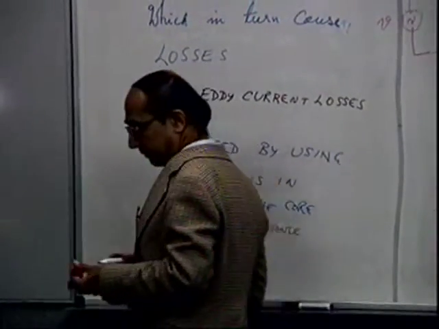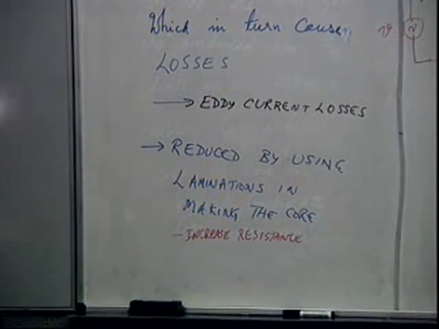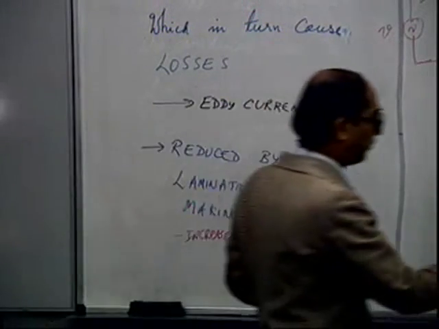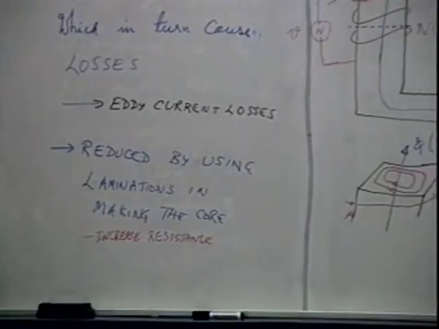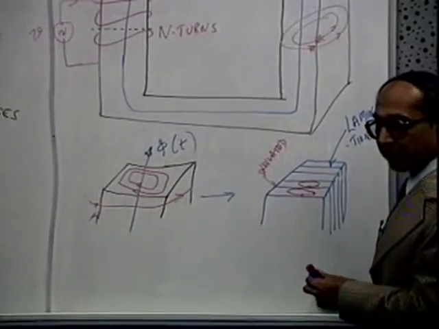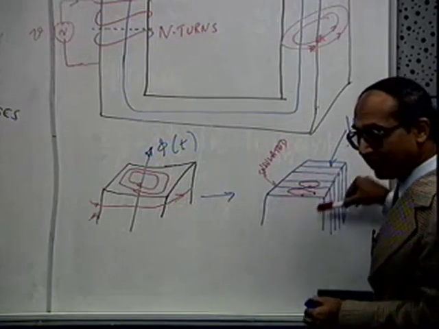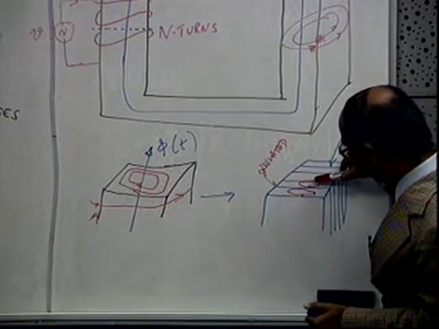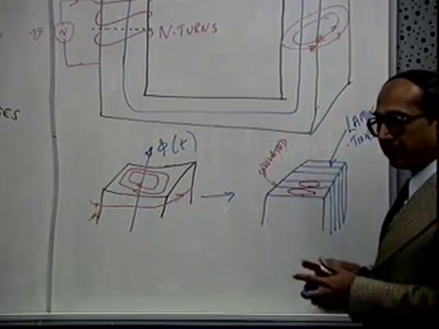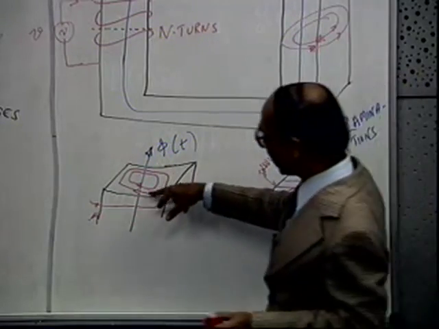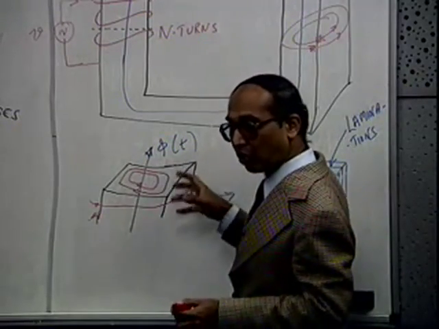Sir, how are we increasing the length of the path, sir? Because after all, each lamination will be cutting less flux for the same voltage. You are just making a cut instead. This is almost like a dead short circuit of a big core.